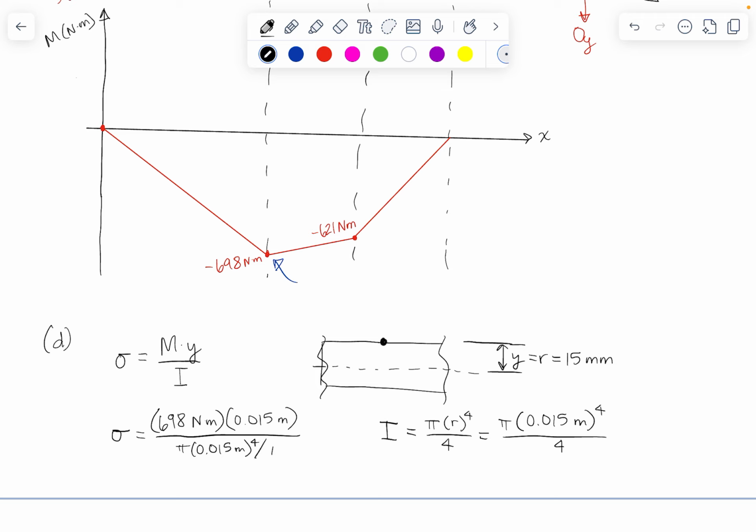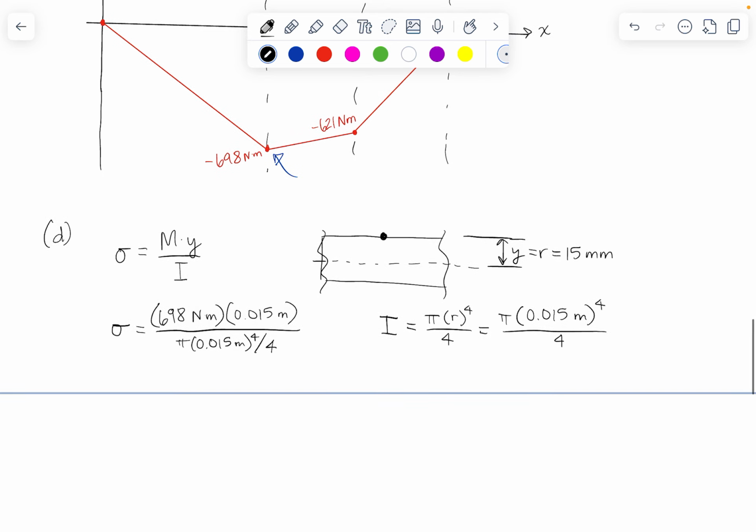So keep that in mind. The smaller the radius of your beam, that goes to the power of 4. So as you decrease the radius of your shaft, you are going to increase the bending stress by a very significant magnitude. So let me plug all of this into my calculator.